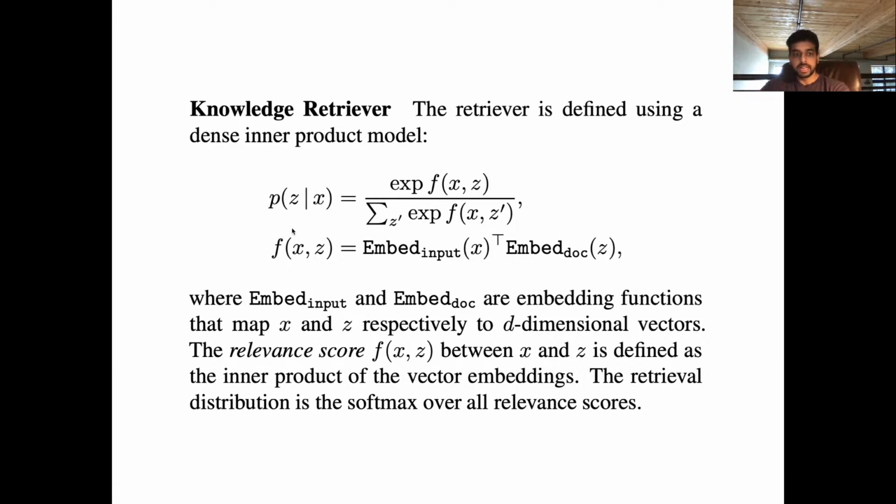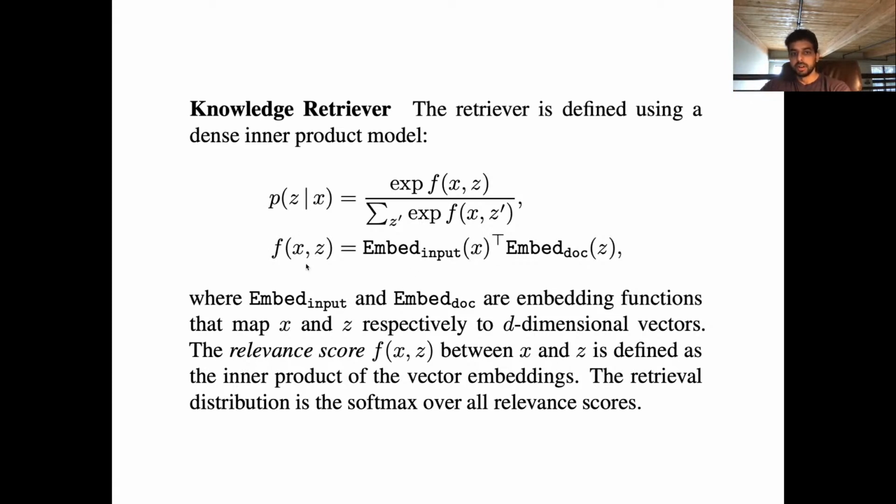The idea behind this f of x comma z is, for every document, we want to score how relevant that document is to the particular input that we have in our masked language modeling framework. So I would want documents z that are about pyramids to be scored higher than documents that are about cats or something. We're going to be training both of these functions in order to make the more relevant documents get higher scores.